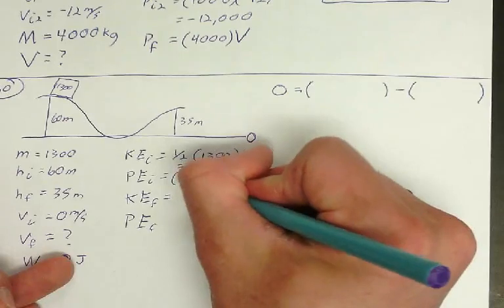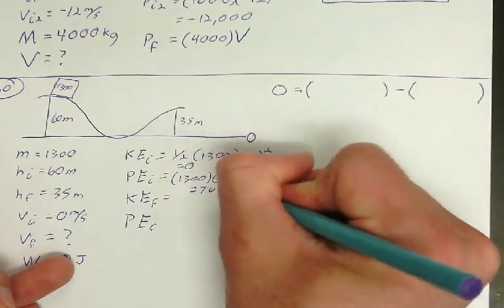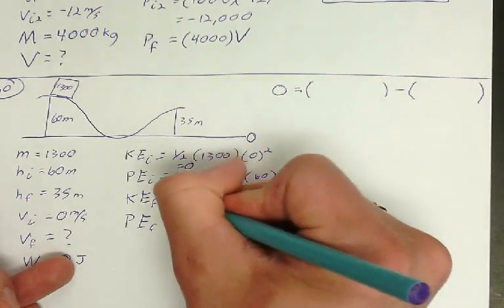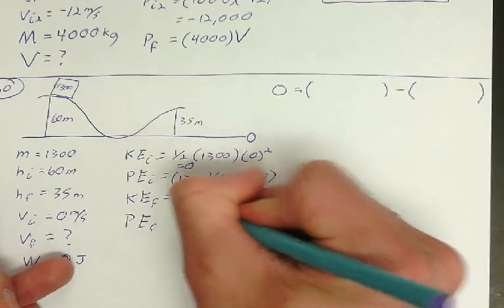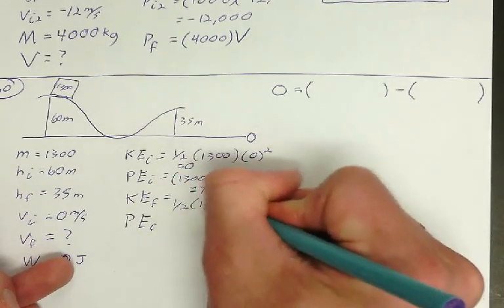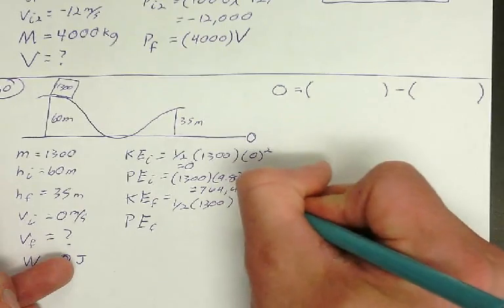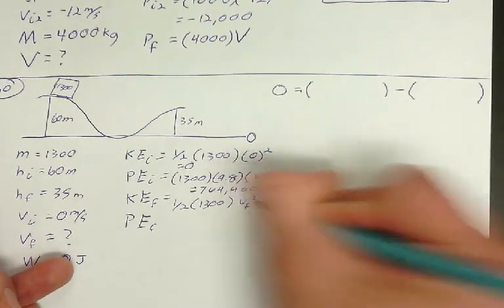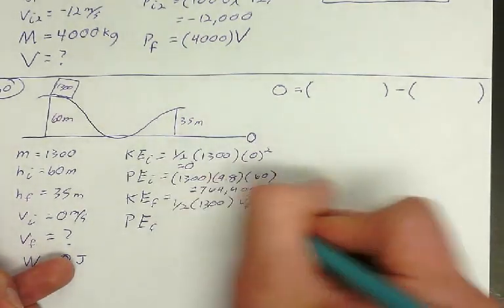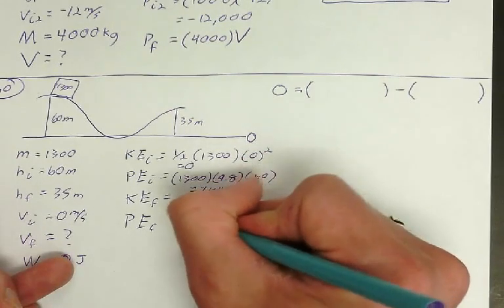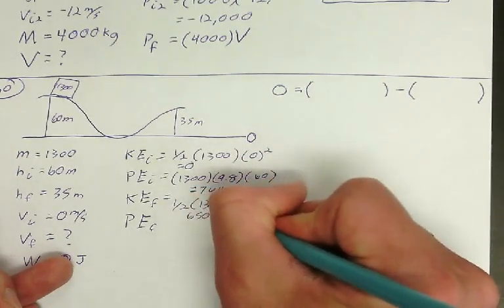So that's 764,400. KE final is 1/2 times mass times velocity squared. I do not know what the velocity is, so I'm just leaving it as V. So half of 1,300 is 650.